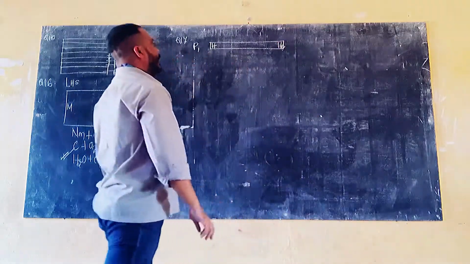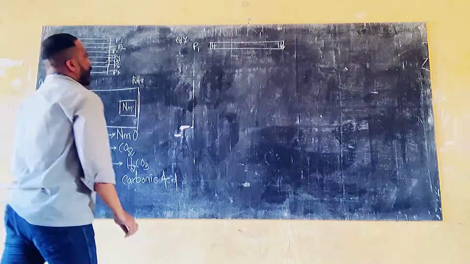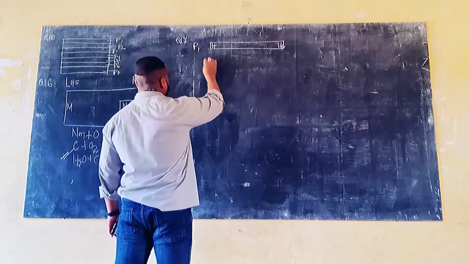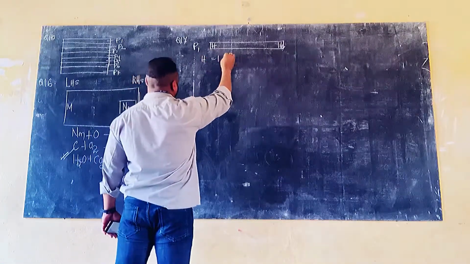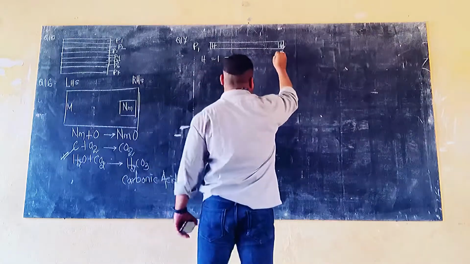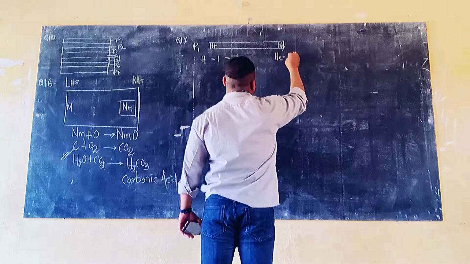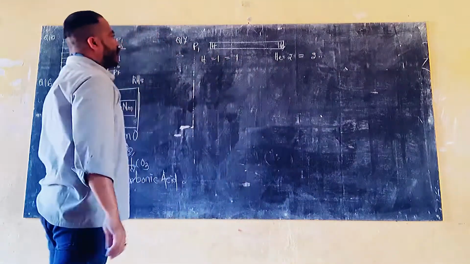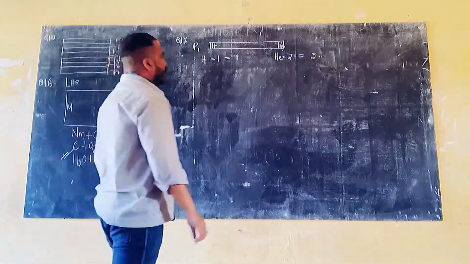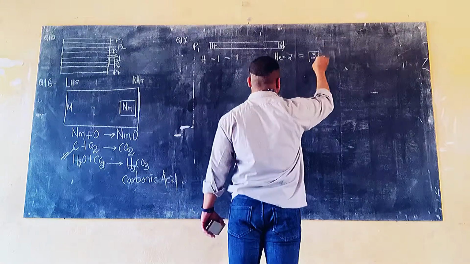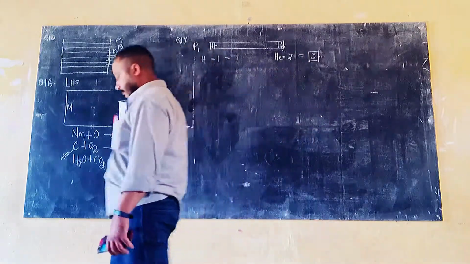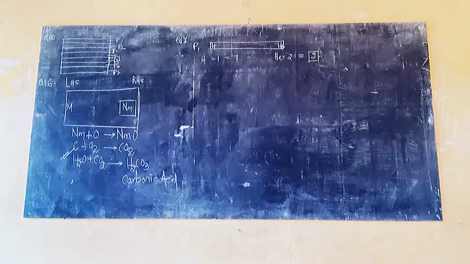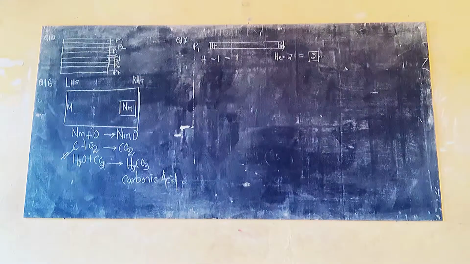Electronic configuration of hydrogen, atomic number 1, is 1. Helium's atomic number is 2 and its electronic configuration is 2. So the maximum number of valence electrons, definitely not 1, is 2.